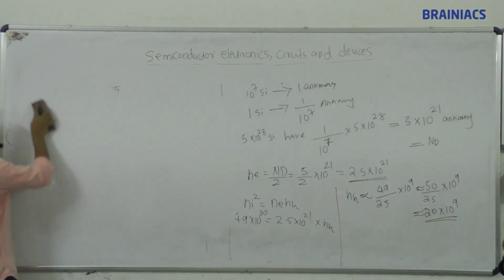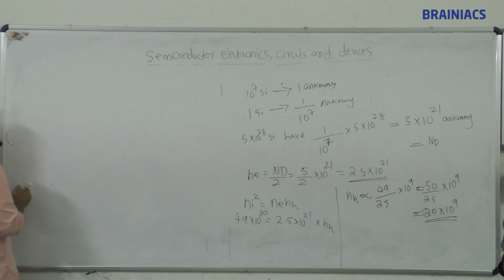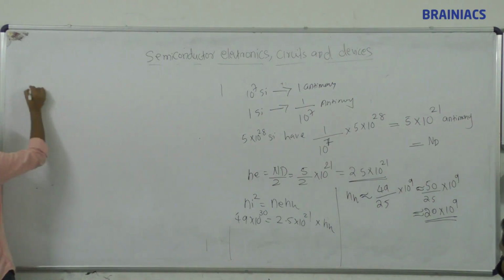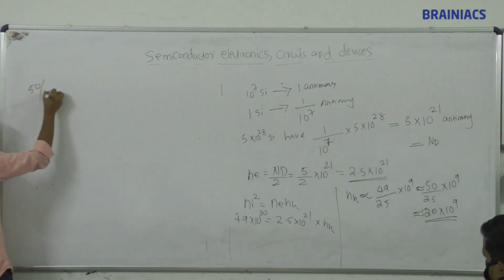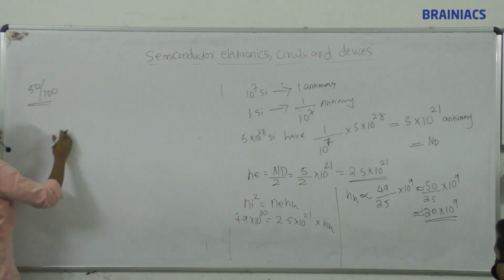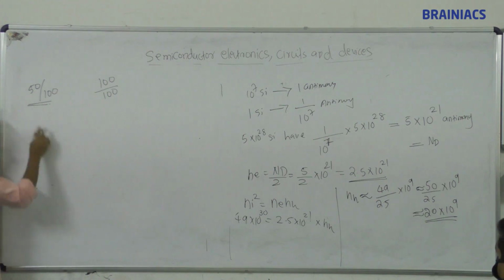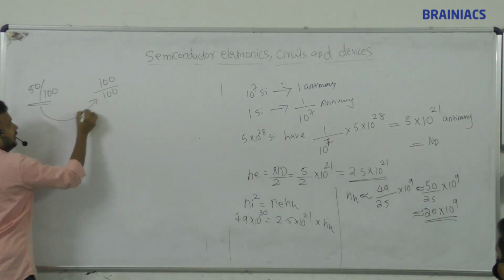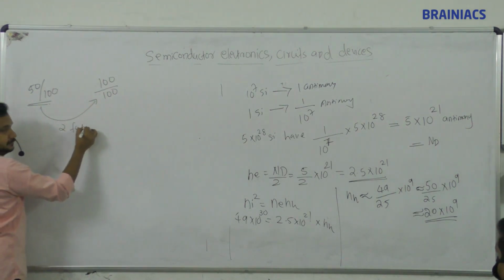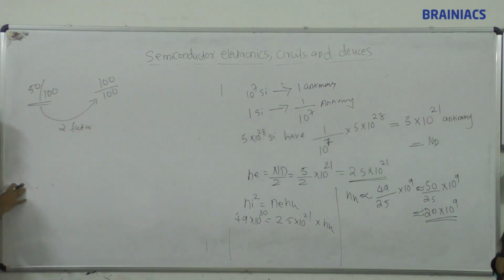For example, suppose I have written an exam and got 50 marks out of 100. Another guy wrote the examination and got 100 out of 100. I can say he is double mine, a factor of 2. So what makes the difference?